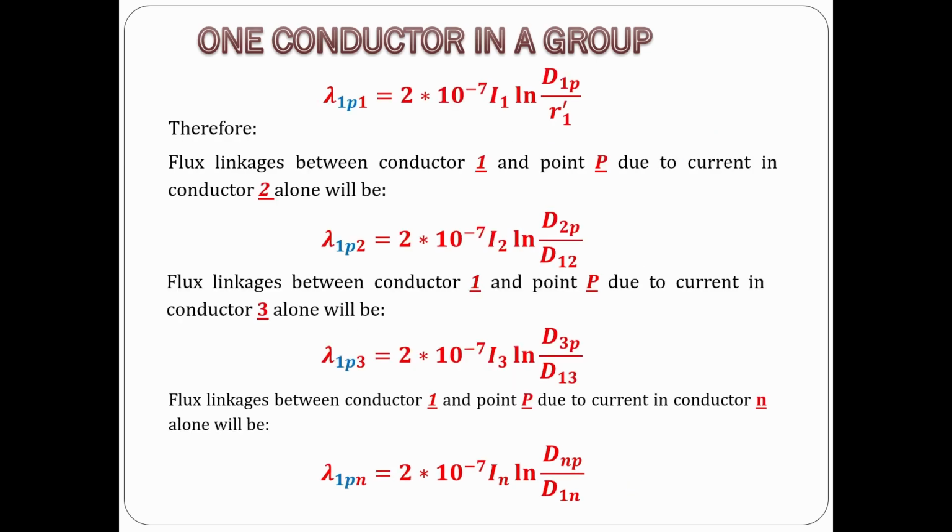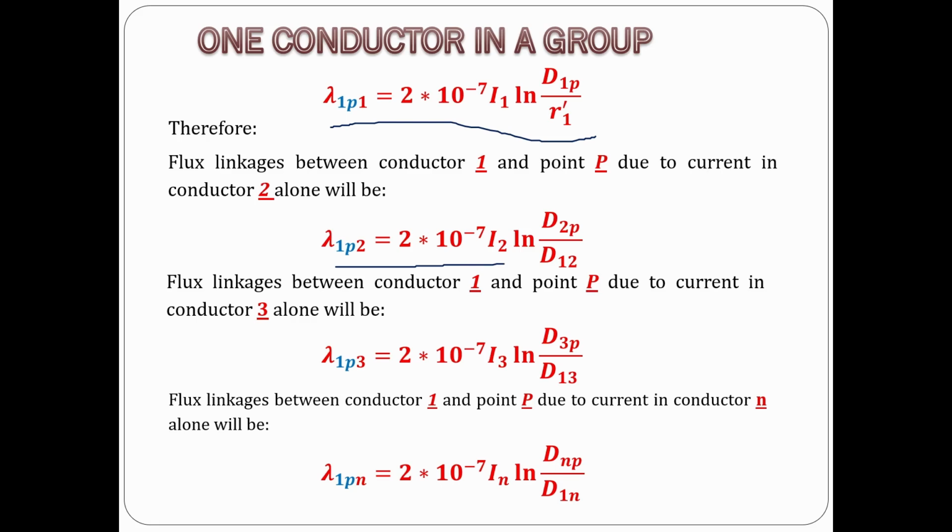Since we already determined the flux linkage between conductor number 1 and point P due to current in conductor number 1 alone, the flux linkage between conductor number 1 and point P due to current in conductor number 2 alone will be 2 times 10 to the negative 7 I2 ln D2P over D12.